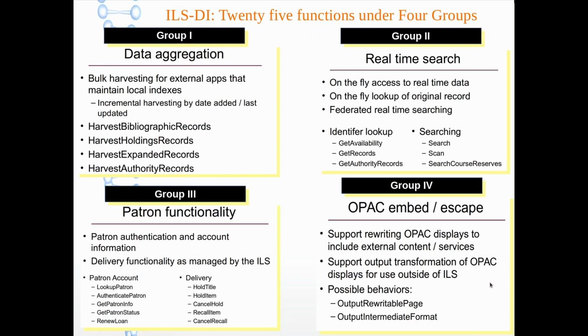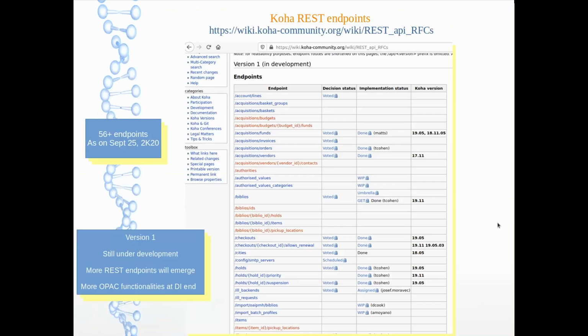ILS-DI advocated 25 functions for data aggregation, real-time search, patron functionalities, and OPAC embedding. So these 4 groups of activities include 25 functions. Then with the emergence of REST-based APIs, the Koha community started exploring different kinds of REST endpoints, apart from ILS-DI, right from version 17.11.